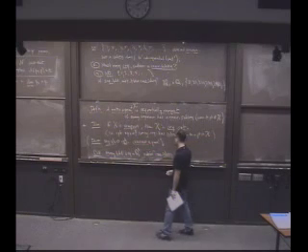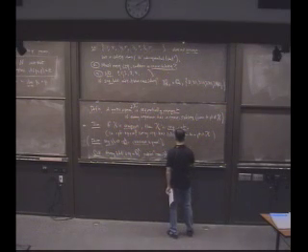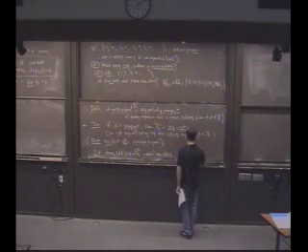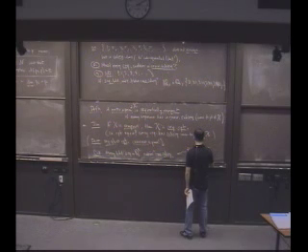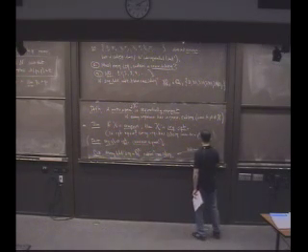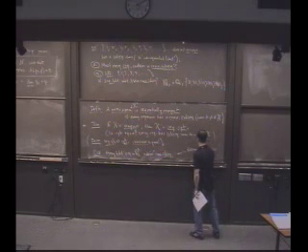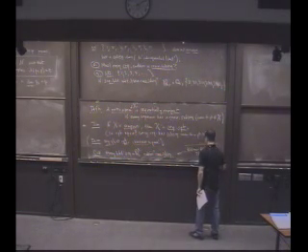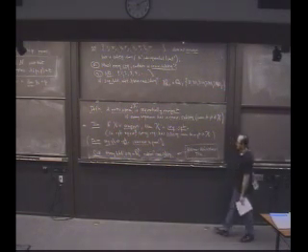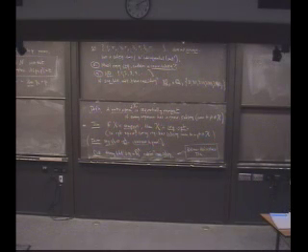Okay. This corollary has a special name, which you sometimes hear referred to. It's called the Bolzano-Weierstrass theorem. Every bounded sequence in Rk contains a convergent subsequence.